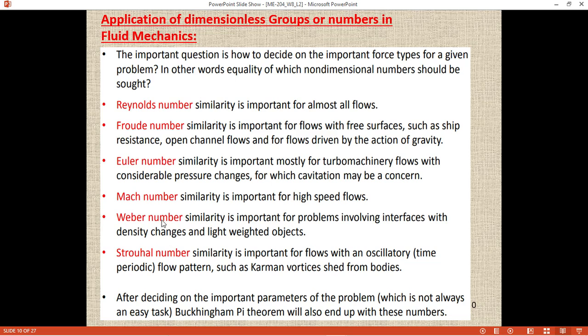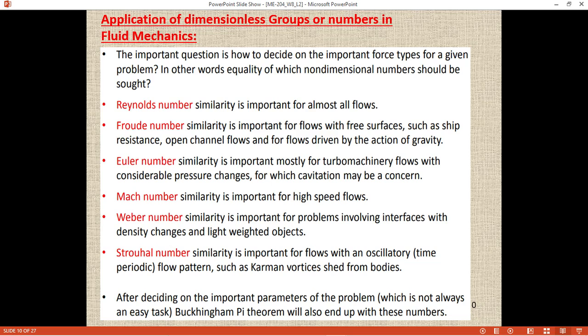So here we can see some applications of these numbers. Where can we use the Reynolds number? Reynolds number similarity is important for almost all flows, wherever fluid is flowing, in an open channel or a closed channel, in a pipe or in an open channel or trench.